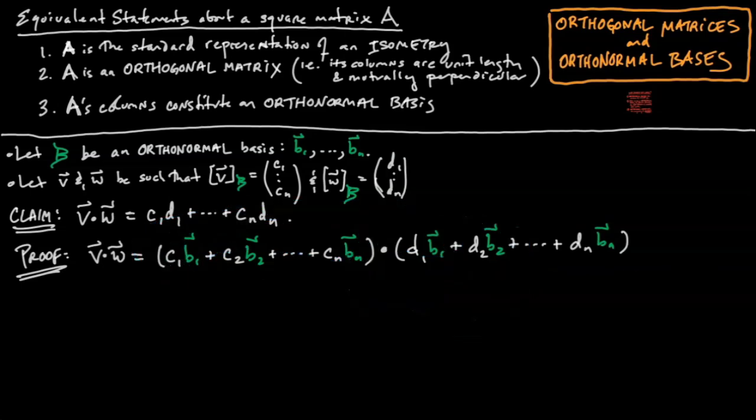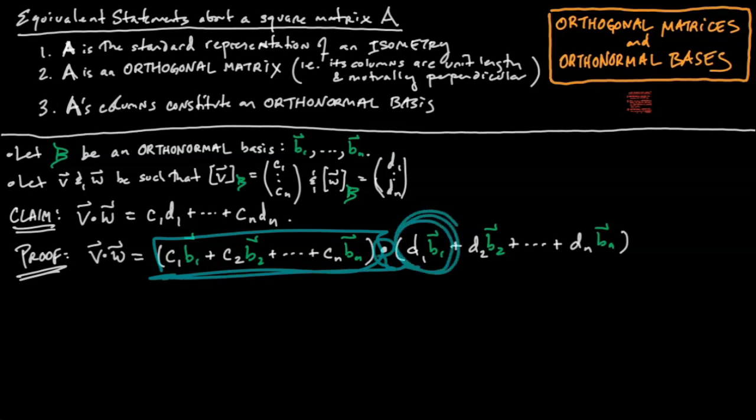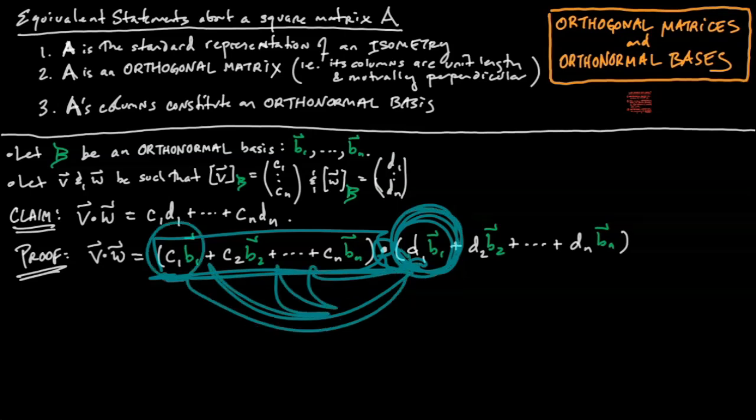And in each one of those terms, like the first one where I'd have all this stuff dotted with just the first term, I will distribute this first term through these vector additions. So I would get this first term dotted with this first term, and this first term dotted with the second term, and this first term dotted with the third term, and so on and so forth.